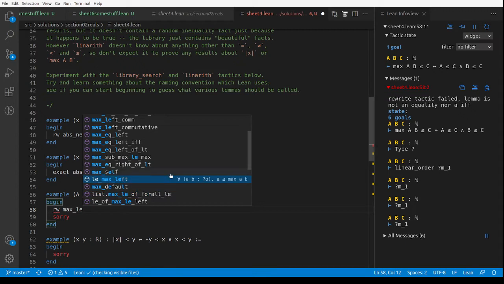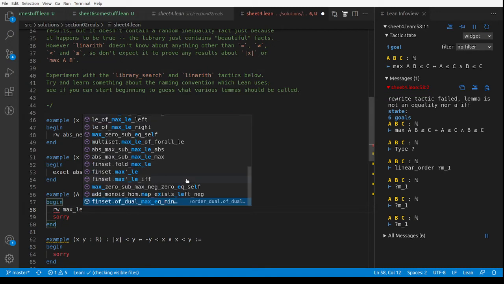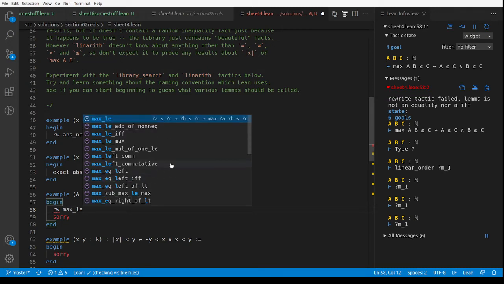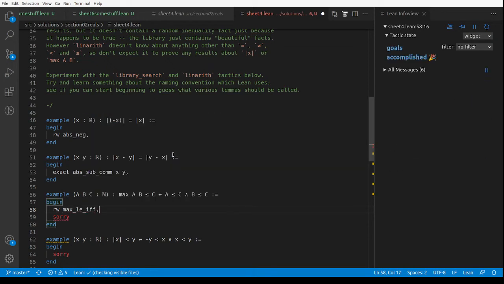You see various things, the L and the E not even next to each other here, but it gives you the best hits first at the top. And max_le, there's some sort of implication version here, but max_le_iff. So rewrite max_le_iff, there we go. I mean, it's exact max_le_iff, isn't it? So we could solve it with library search.